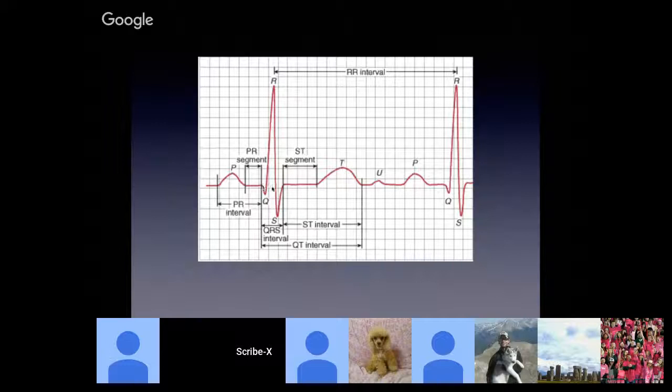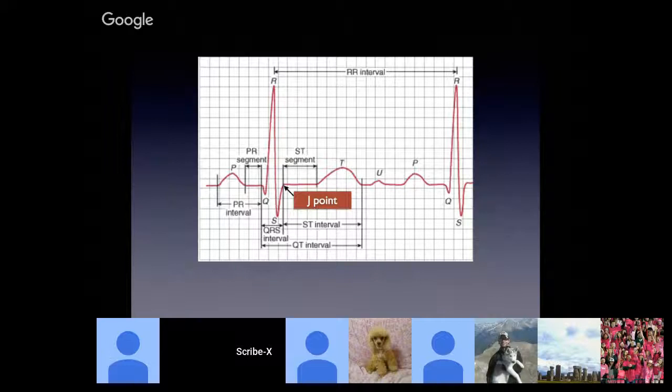How long does it take for the voltage to travel through that myocardium to depolarize the ventricles? And then the QT segment is an important segment, and the ST segment is an important segment. And when we're talking about heart attacks in particular, the ST segment is all the rage.